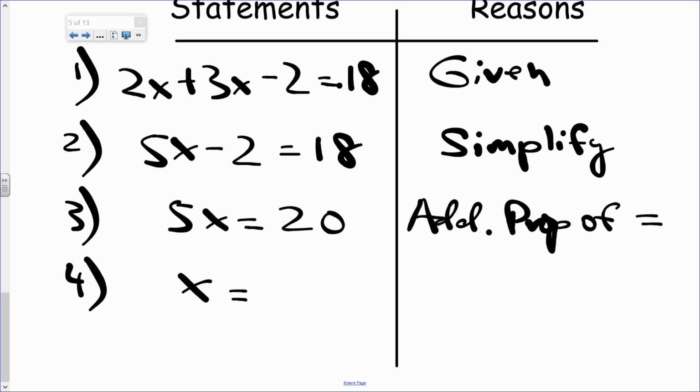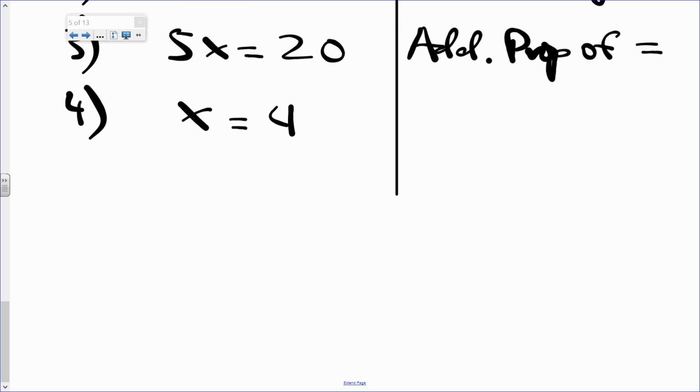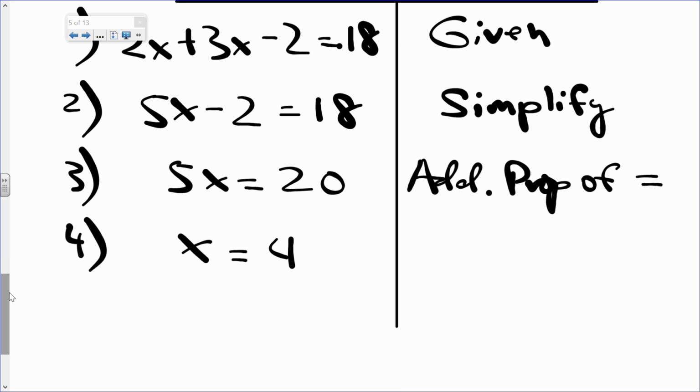Well, look. She said dividing both sides by 5. So 5 divided by 5 would be 1x. 20 divided by 5 is 4. What gives us the right to say that? Tapia, what gave you the right? How dare you say that? X equals 4. Thank you. Excellent.